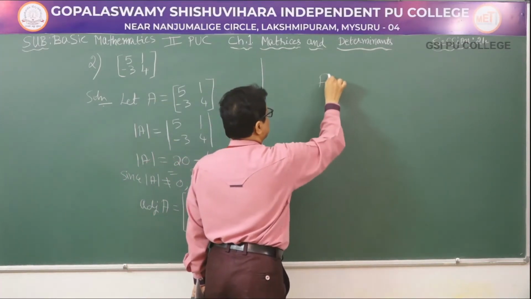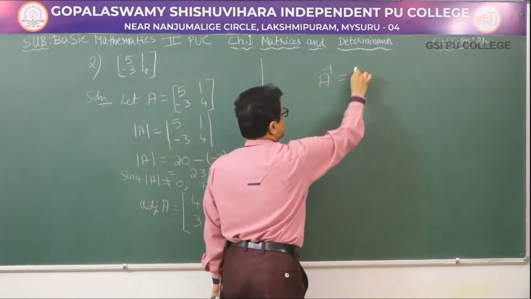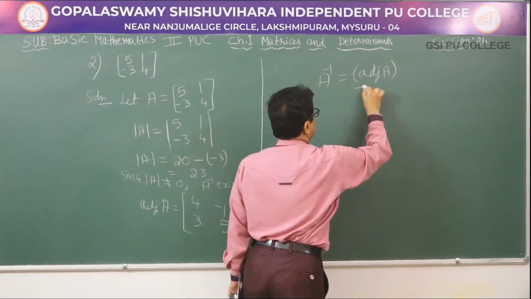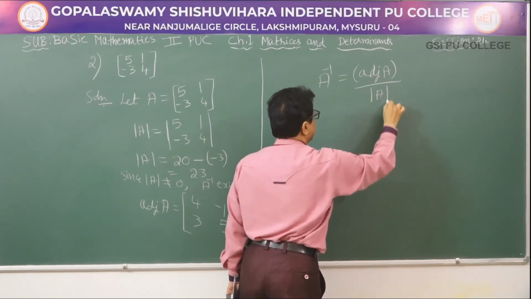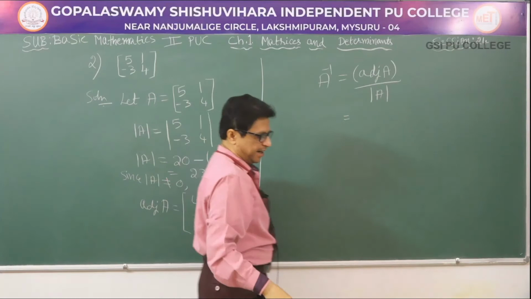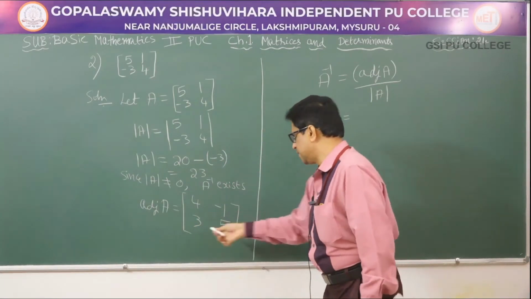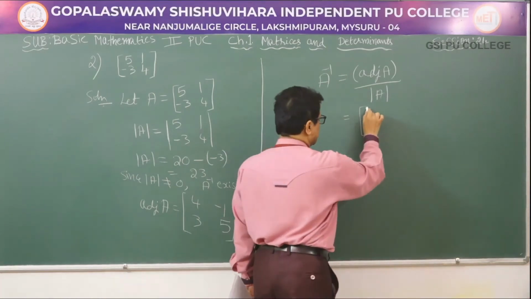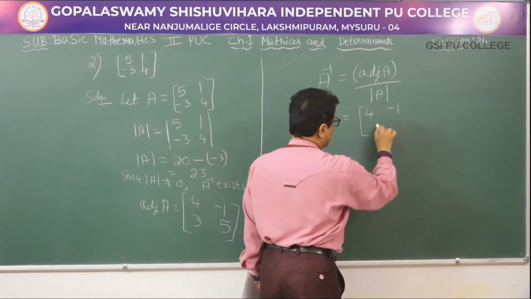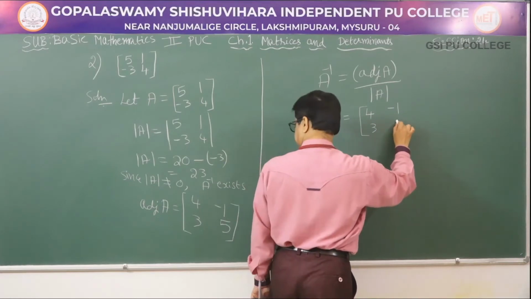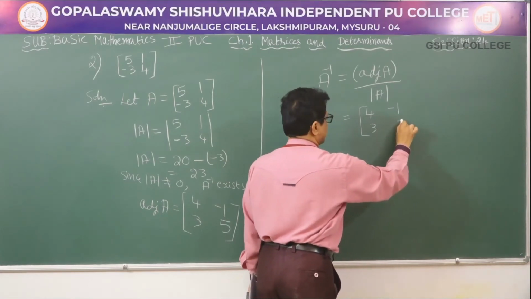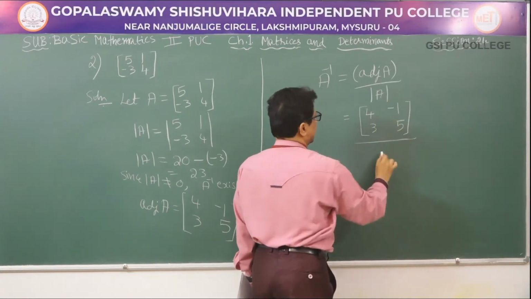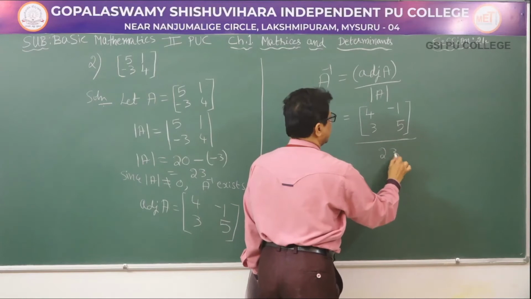Next we find A inverse. A inverse is equal to adjoint A by determinant A. So, what is adjoint A? Adjoint A equals 4, minus 1, 3, 5, divided by determinant A. Determinant A is 23.